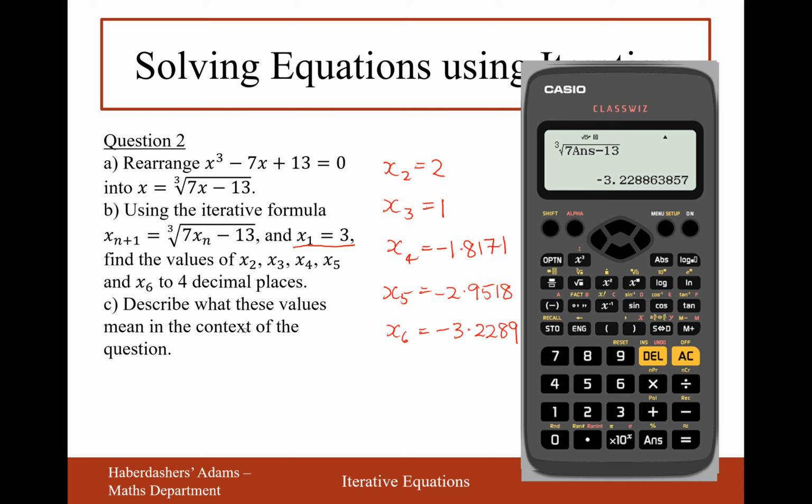Describe what these values mean in the context of the question. Well, what these values are doing is they are getting closer and closer to a solution to the original equation that we started the question off with.